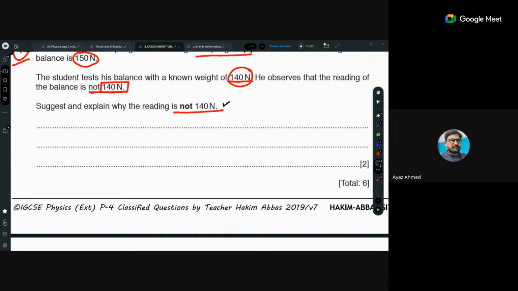Yes, exactly. Up to the limit of proportionality, the spring extends proportionally to the load.